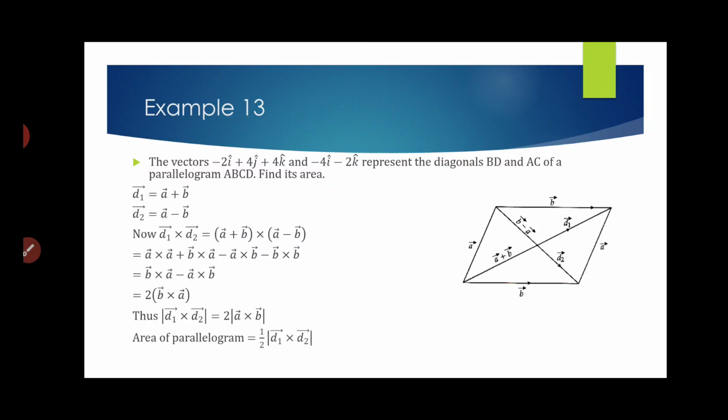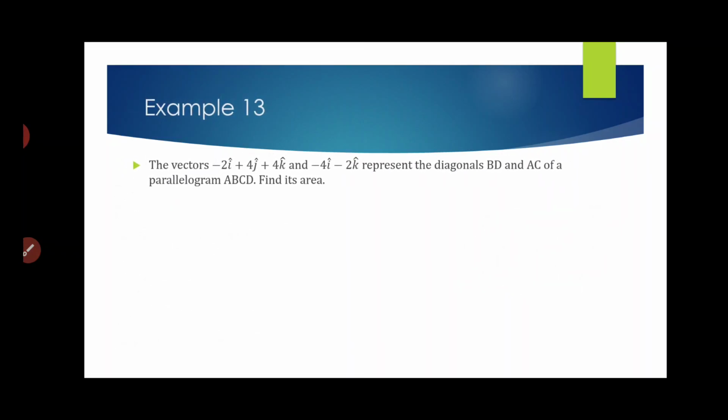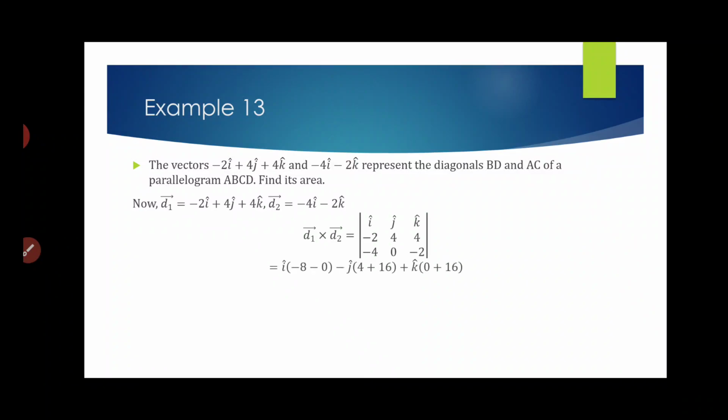Fine. So this is something we came across. So now let us find the area. We are already given the diagonals, so let us first find the cross product. Following the same way, the cross product is this. And then let us find the modulus.